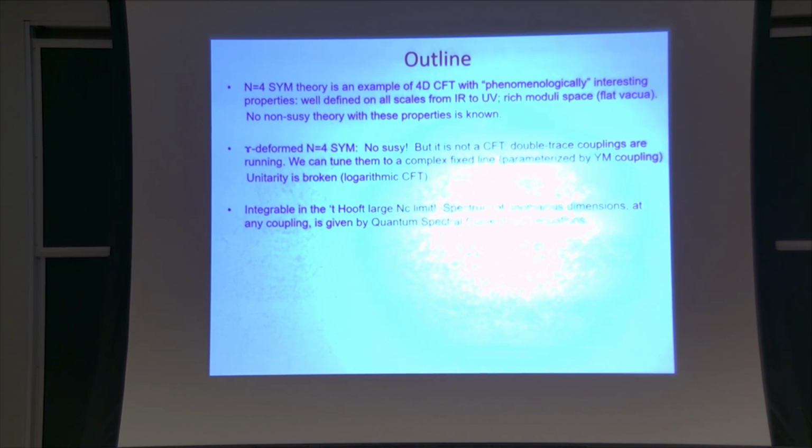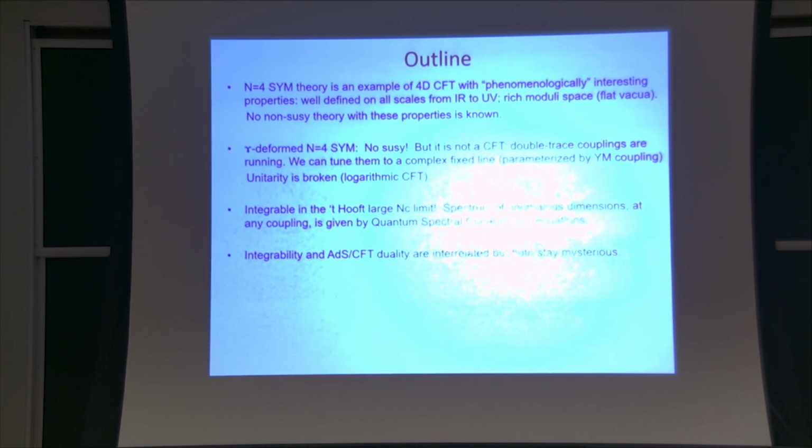It's still integrable, and it can be described by what we call now the formalism of quantum spectral curve, which we introduced some time ago for the computation of the spectra of anomalous dimensions in n equals 4 super-Yang-Mills. So it works with gamma deformation as well. Integrability and AdS/CFT duality are interrelated for sure, but both stay a little bit mysterious.